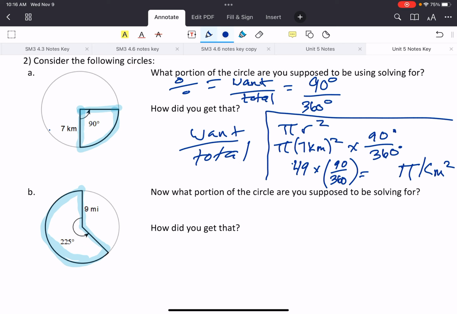Remember, when you're putting the 49 times parentheses 90 divided by 360, keep those in parentheses. Otherwise it's going to change it. Equals 12.25. Then you click math, enter, enter to give us our fraction.